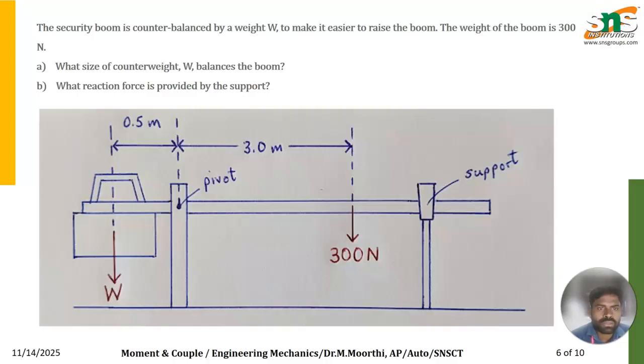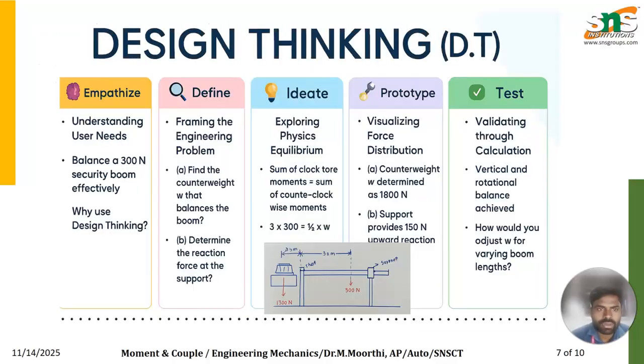What size of counterweight should be added on the left side of the pivotal point so that the given system is balanced? At the same time, what reaction force is provided by the support? This is the real-world application, so that we get a clear understanding of moment and couple.